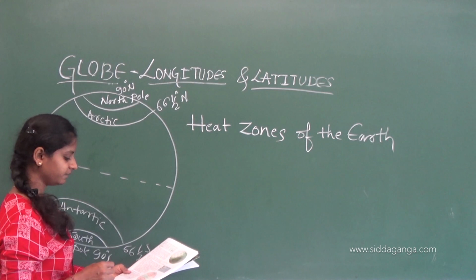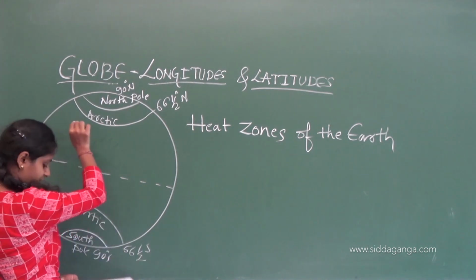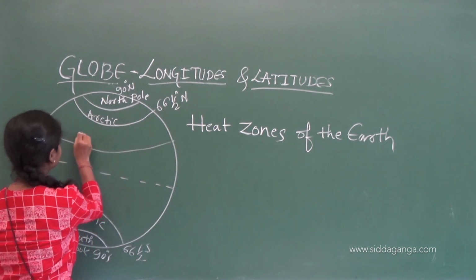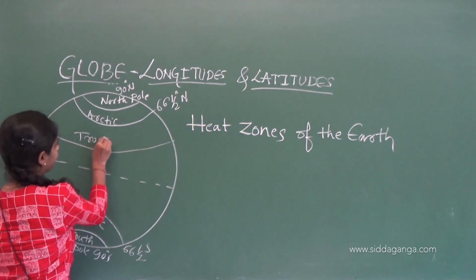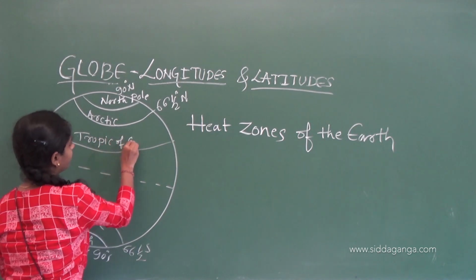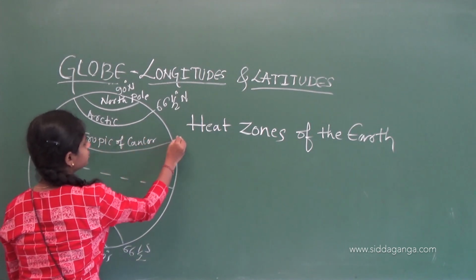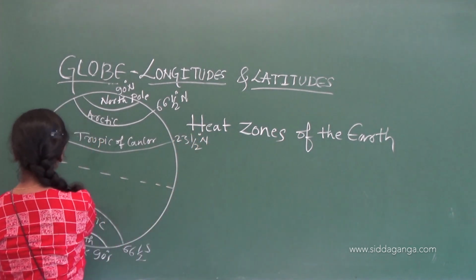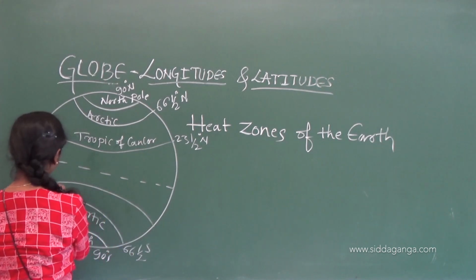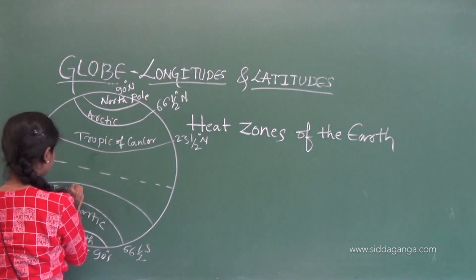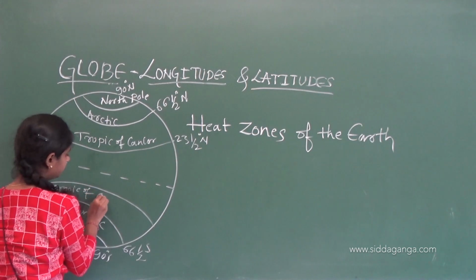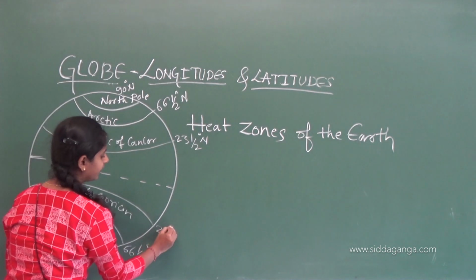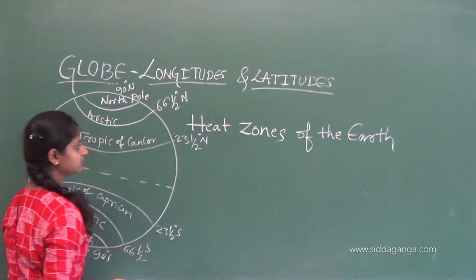Then we see the Tropic of Cancer, which is 23.5 degrees to the north, and also the Tropic of Capricorn, which is 23.5 degrees to the south.